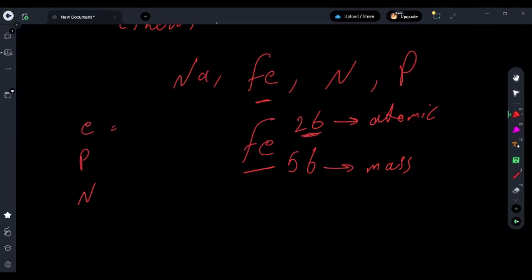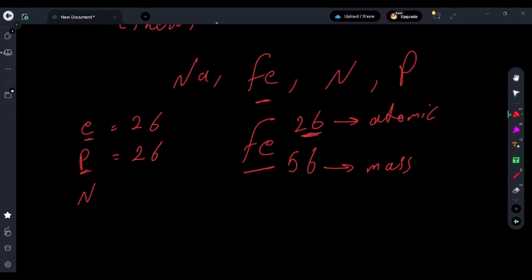Here, 26 is the atomic number. It means that the number of electrons inside the iron atom equals 26, and the number of protons also equals 26.